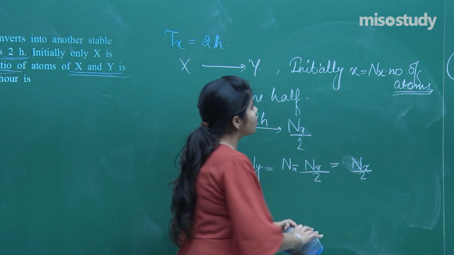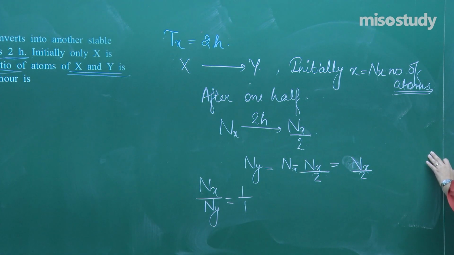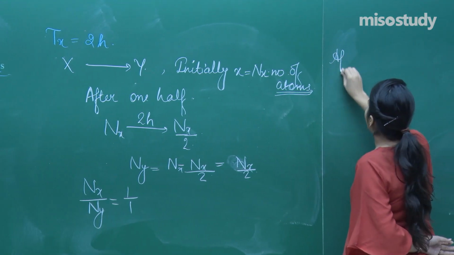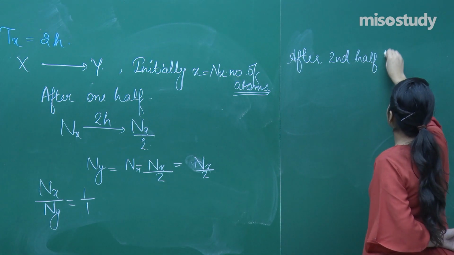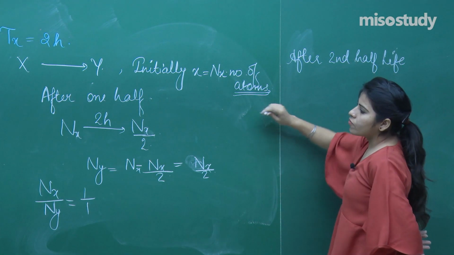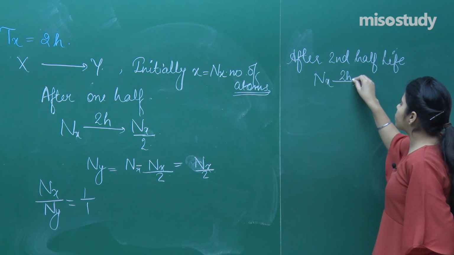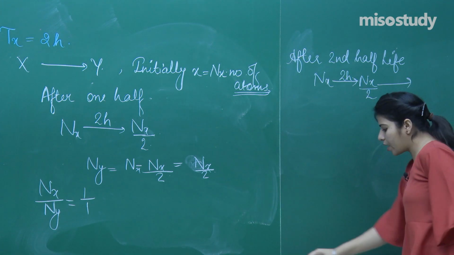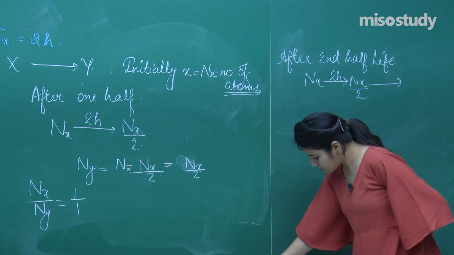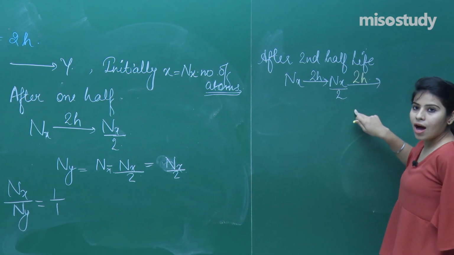Now let me check for another half-life. After the second half-life, what will happen? Earlier it was nx, after one half-life, that means after 2 hours, it became nx by 2. Again after one half-life, that means again after 2 hours, it will become half of this.